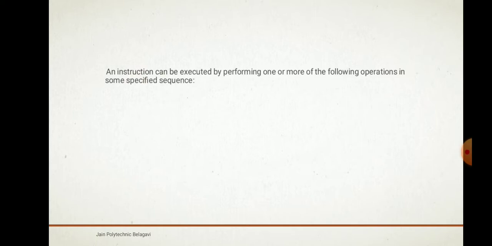Now an instruction can be executed by performing one or more of the following operations in the specified sequence. So there is a sequence for executing a single instruction. The first one is to transfer a word of data from one processor register to another or to the ALU. So when you fetch the instruction, the word of data will be transferred from one processor register to another.